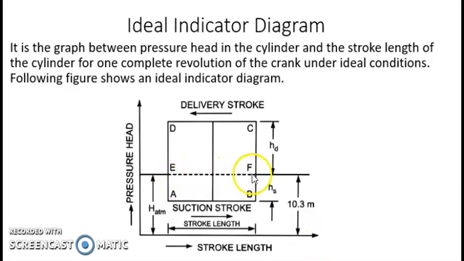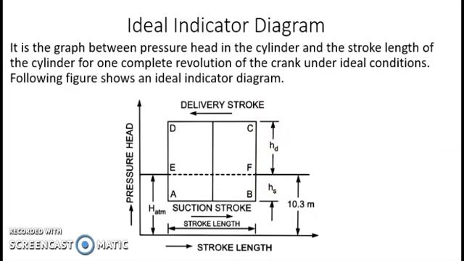This line EF represents the atmospheric pressure head in this figure, which is equal to 10.3 meter of water. So this H_atm is the atmospheric pressure head. This HS is the suction head and this HD is the delivery head.